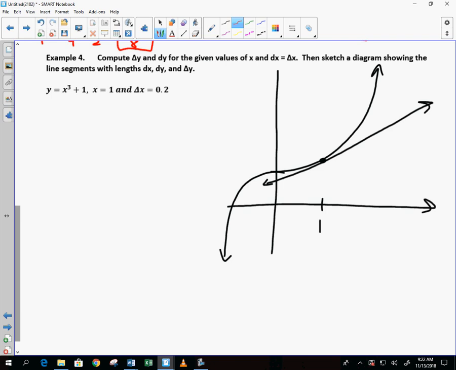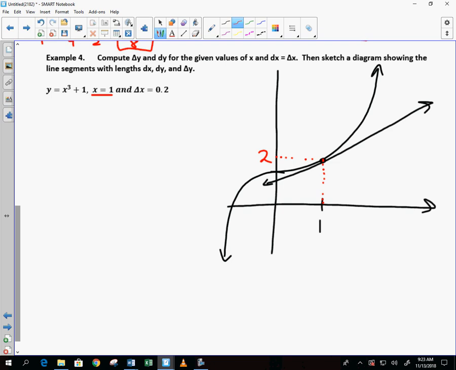Can somebody tell me what f of 1 is? If I plug in 1, what's the output? 2. Is everybody okay? Now, we've done this, okay? It says that I'm going to have a certain change in x. So I'm going to move to the right a certain amount.